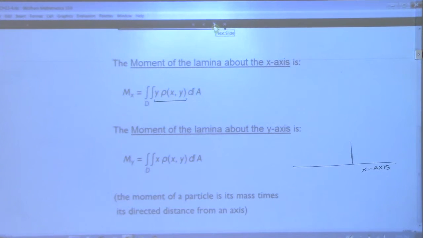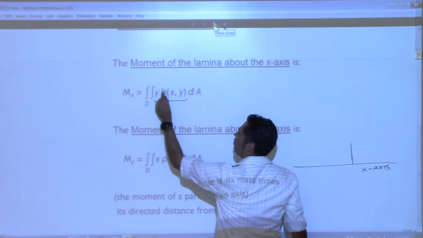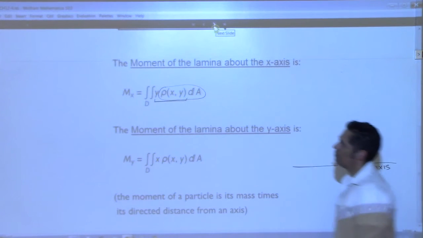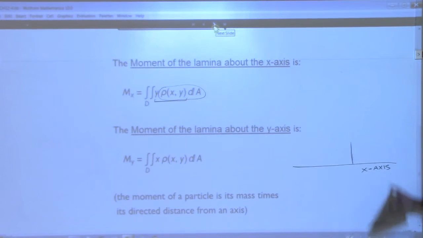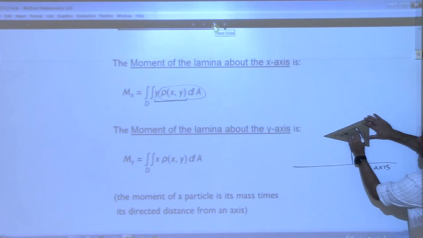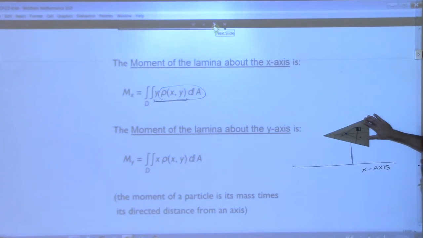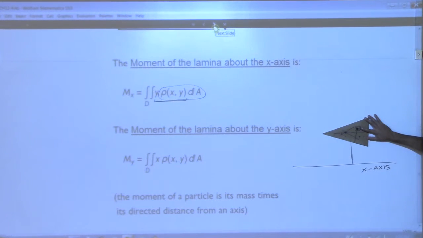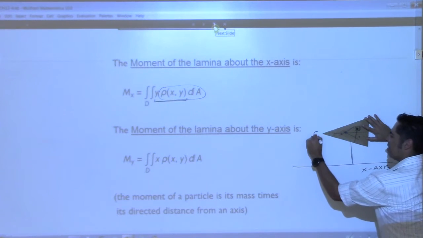Why is it that? Well, what does this computation give you? What does that little piece right there give you? That gives you the mass of this little patch, doesn't it? Take that little infinitesimal rectangle, and that gives you the mass of that little rectangle. And then what does multiplying it by y give you? Isn't y the distance from here to here?